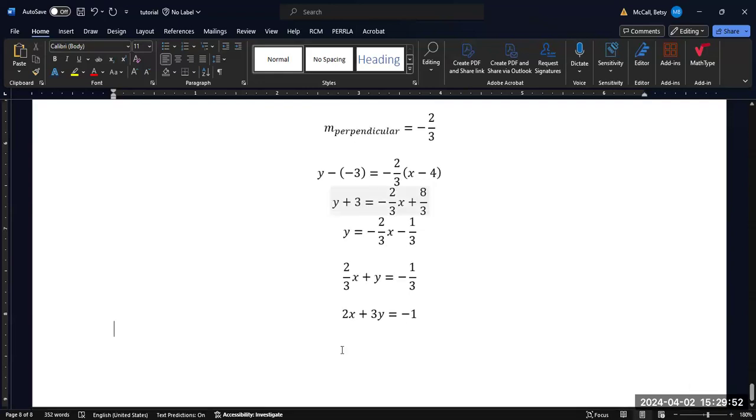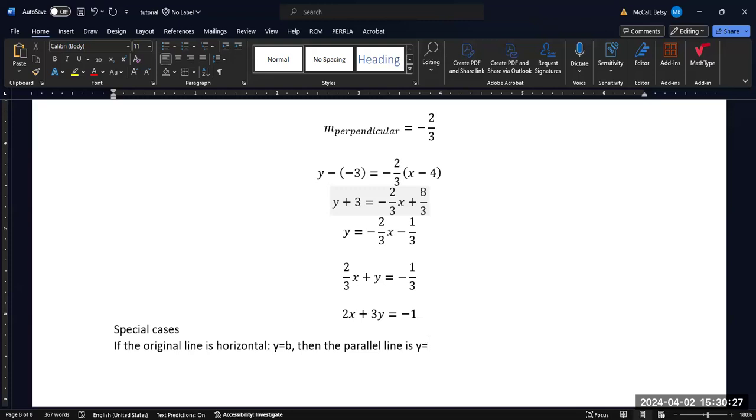Now, just to deal very briefly with the special cases, if the original line is horizontal, i.e. y equals some number, let's call it little b, then the parallel line is y equals whatever the y coordinate of the point is.